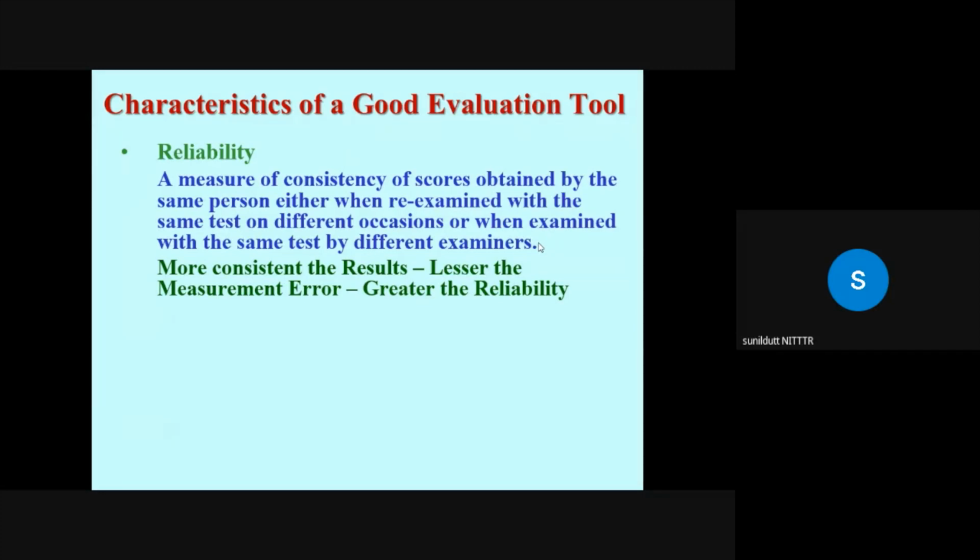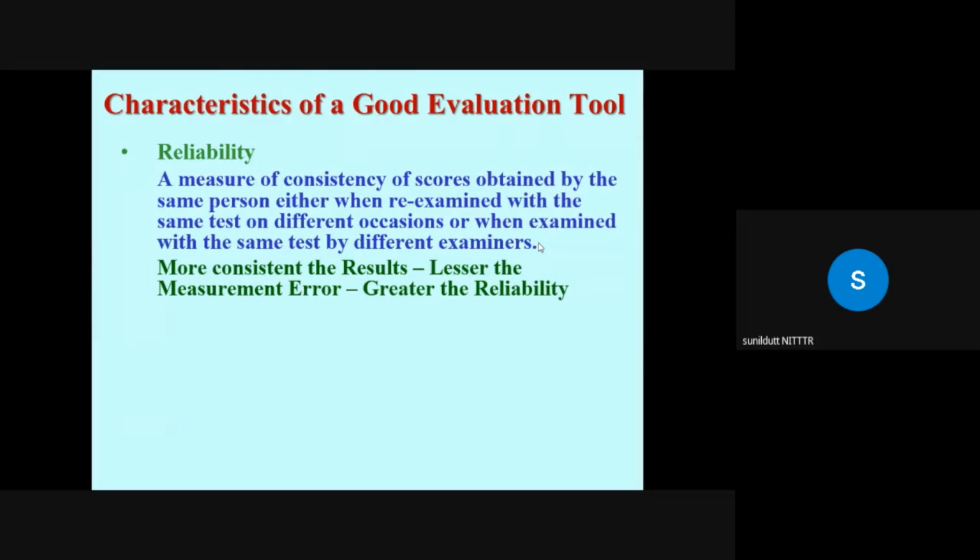And reliability, let me make it clear. Reliability is a necessary but not a sufficient condition for validity. दोबारा बोलता हूं, reliability is a necessary but not a sufficient condition for validity, because a test which is producing totally inconsistent results cannot possibly provide valid information about the performance.